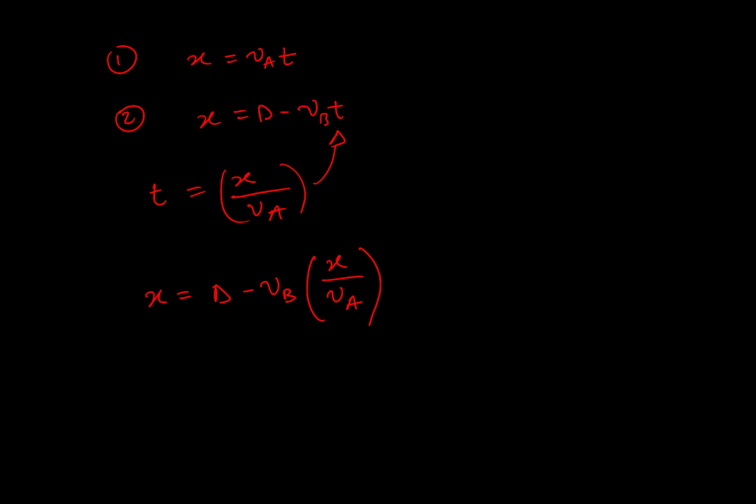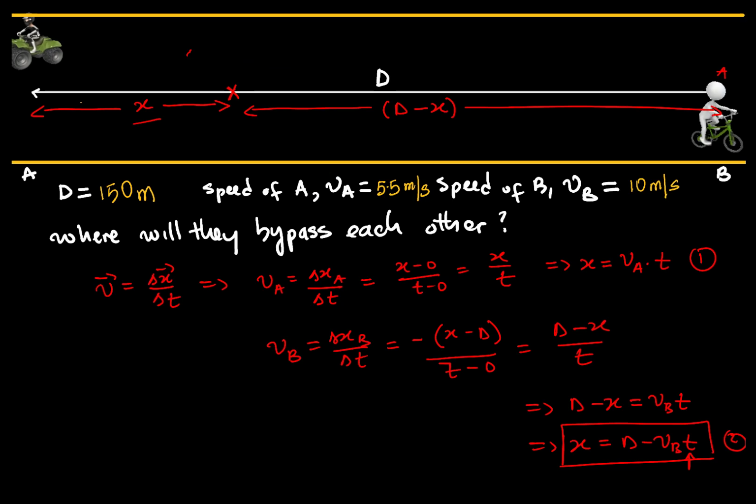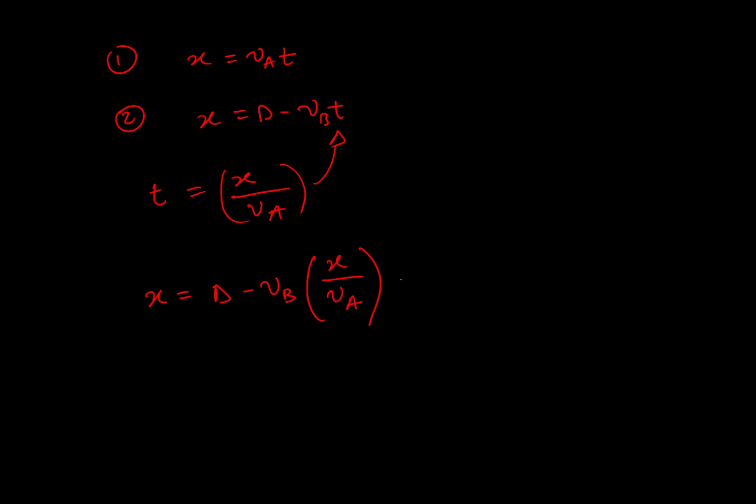So if we do that, we will have here, this is the same as d minus vB divided by vA multiplied by x, which would mean that x plus vB over vA x will be equal to d. If we factorize out x, we will have here x bracket 1 plus vB divided by vA. All of this should be equal to d.